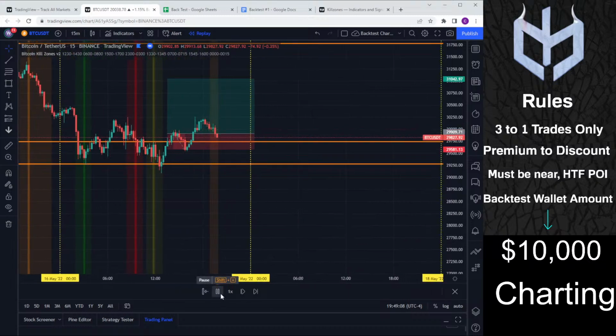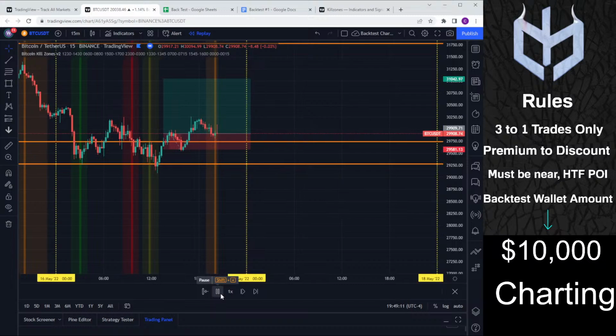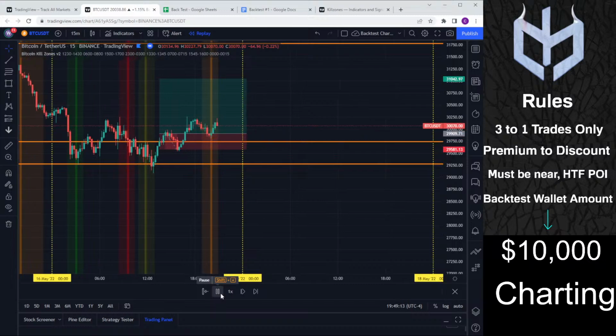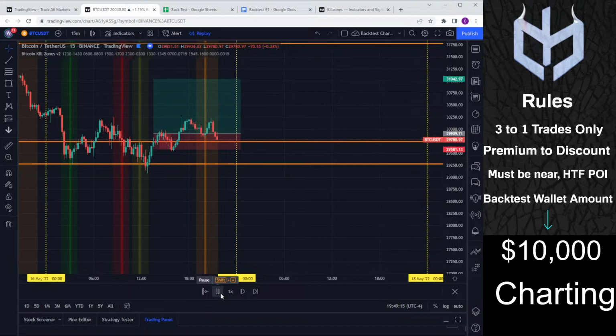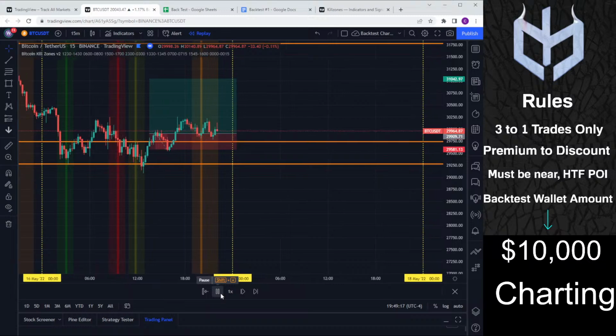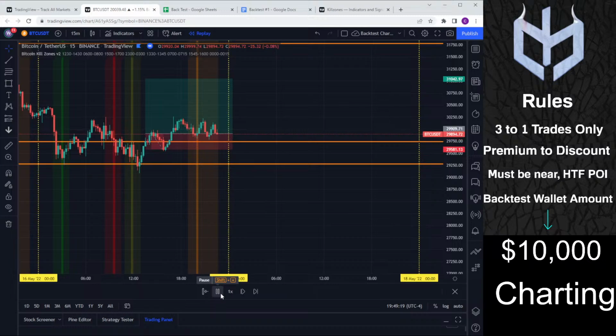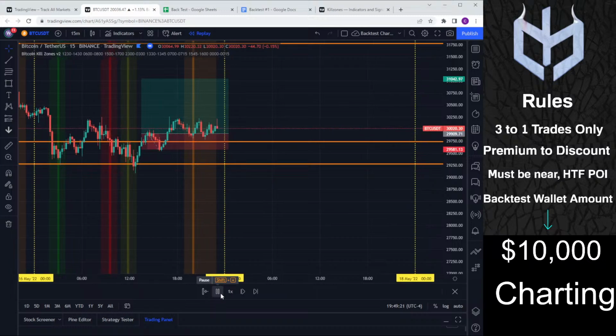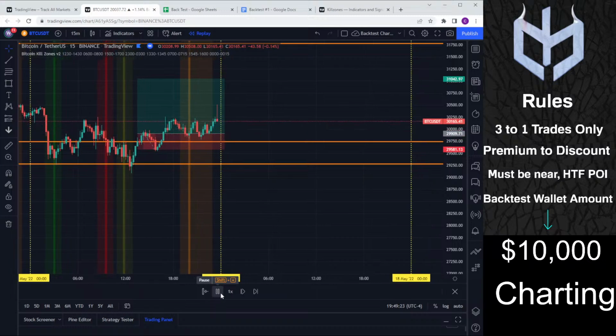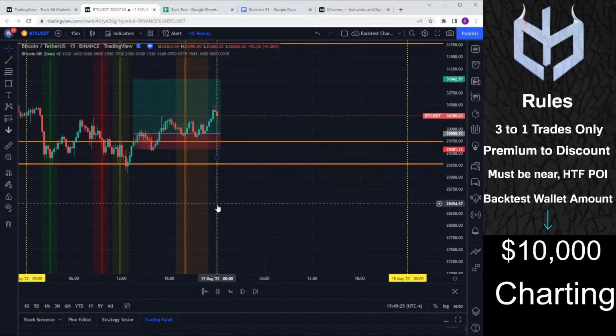Get an entry. Not looking good, not looking like a propulsion block. It should respond quicker than that. Yeah, there we go. Getting up there.